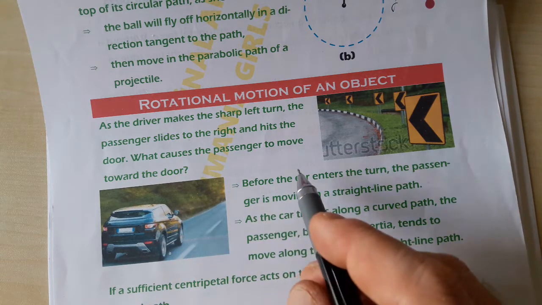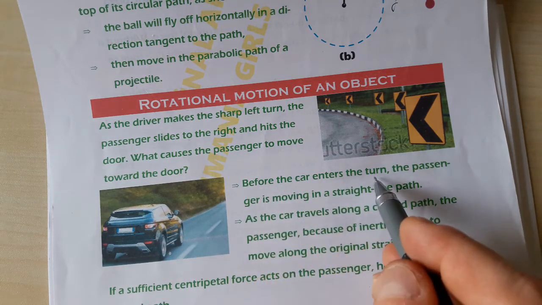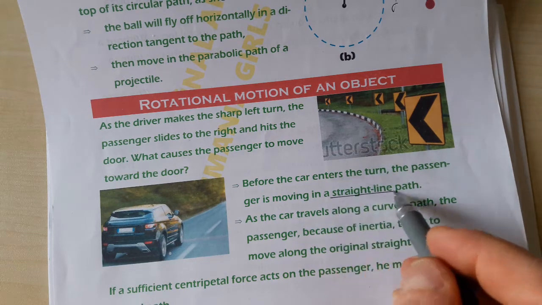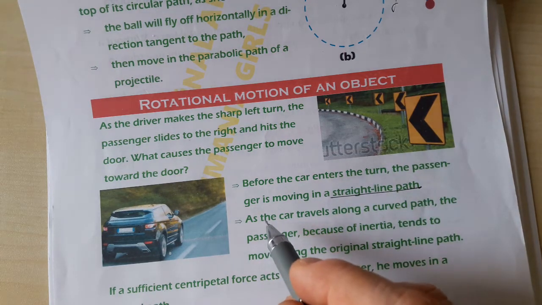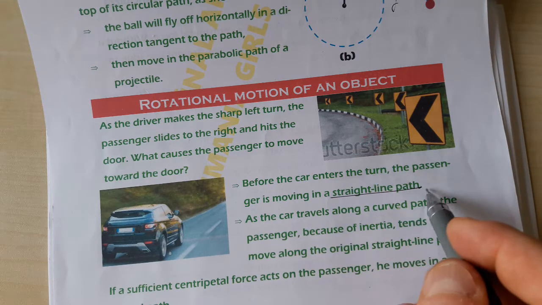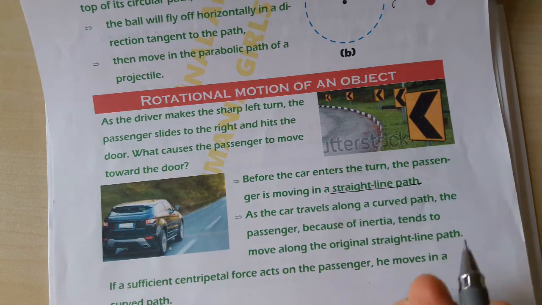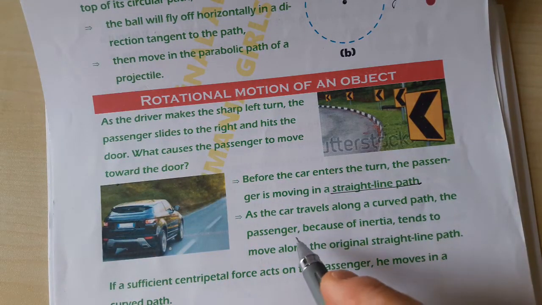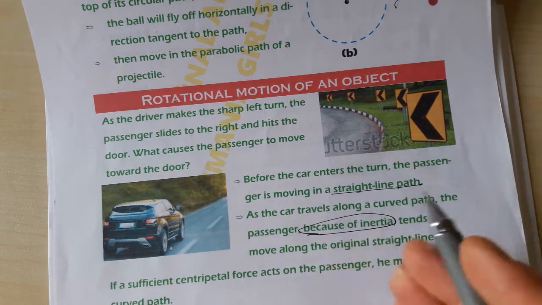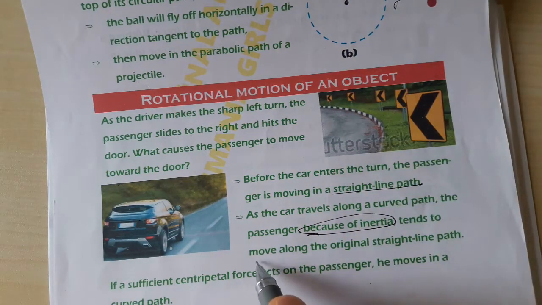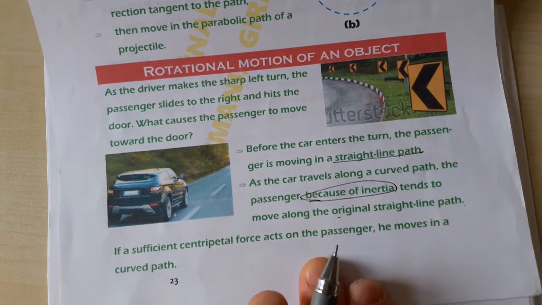This is the question. Before the car enters the turn, the passenger is moving in a straight line path. Not only the passenger, the car and the passenger all are moving on a straight line path. As the car starts to turn on a curved path, the passenger, because of inertia, tends to follow the straight path, moving along the original straight line path.